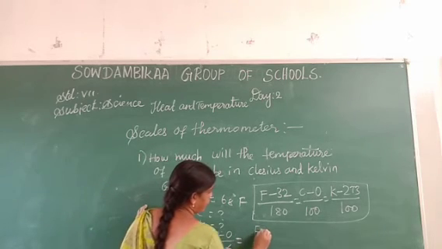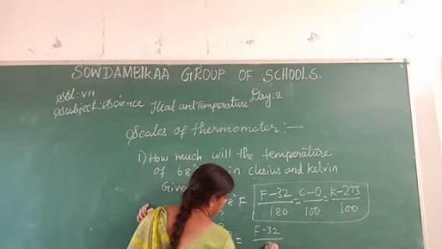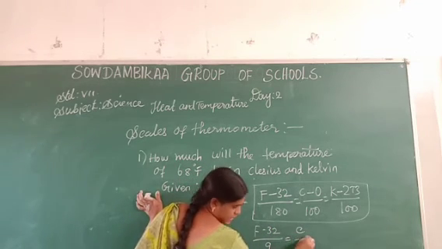So we write F minus 32 divided by 9 equals C by 5.